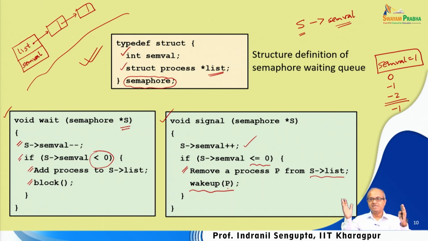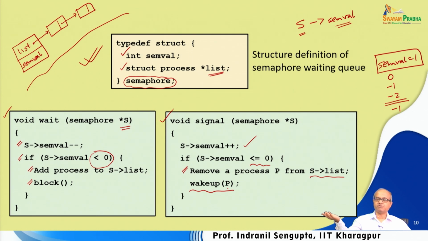So, if you maintain this linked list, maybe your implementation will be a little more elaborate, but you are saving on CPU time quite significantly. So, you are not wasting any time. Whenever a process is in wait and has to really wait, it will move itself to the blocked state, and it will not consume any CPU time.